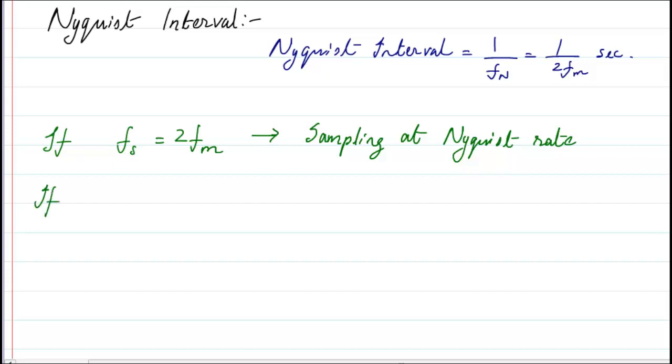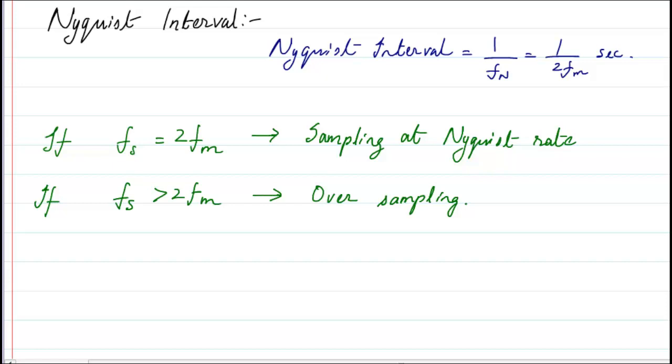If Fs is greater than 2 Fm, then I say that the signal is getting oversampled. And oversampling is good because it makes the design of the low pass filter for recovery of the signal easy. So oversampling is in a way good.